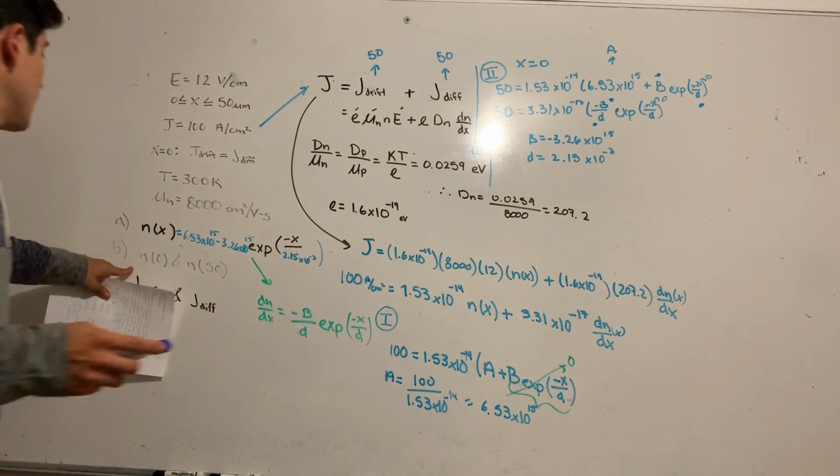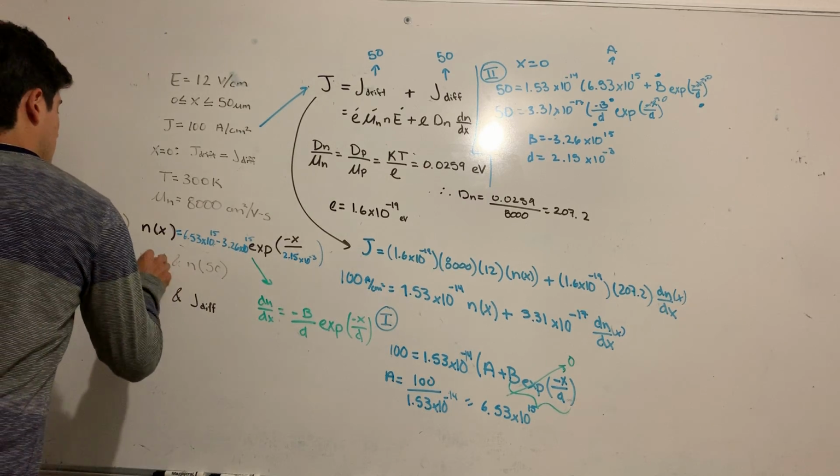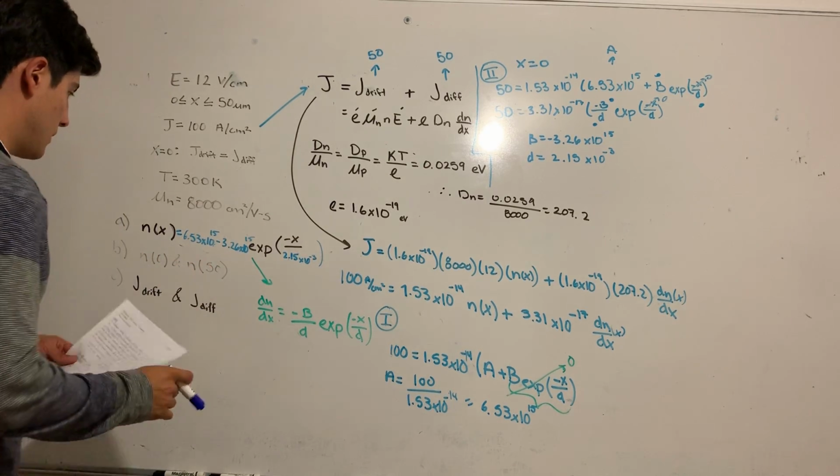So now for B, we have to substitute with this at n equals 0 and at n equals 50.